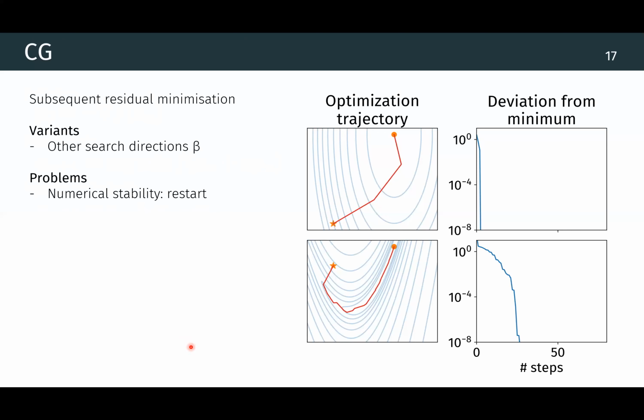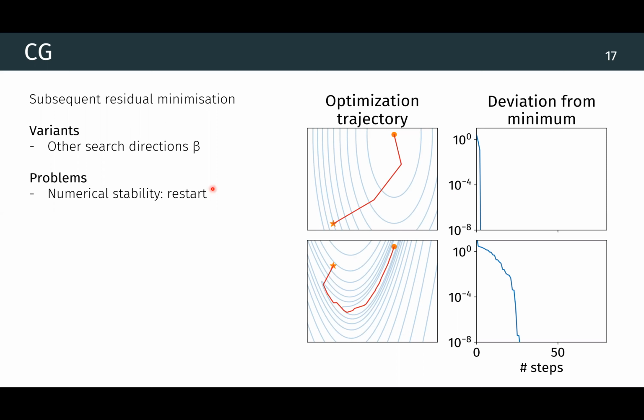And whenever you have something with low dimensionality and you just want something quick and easy, then CG very likely is going to do it. But CG is numerically less stable than, for example, LBFGS. So it might just fail optimizing something from bad luck because of bad initial conditions.